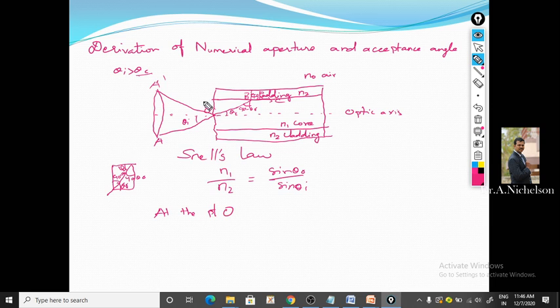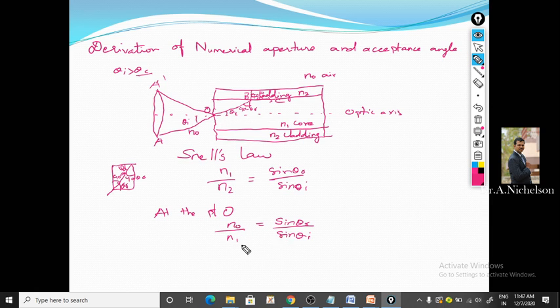Now at the point O, we can apply this Snell's law. Okay, so here this is n0, inside it is n1, right? Now you can apply n0 divided by n1 is equal to sin theta r divided by sin theta I. Okay, so this is sin theta I and this is theta r.